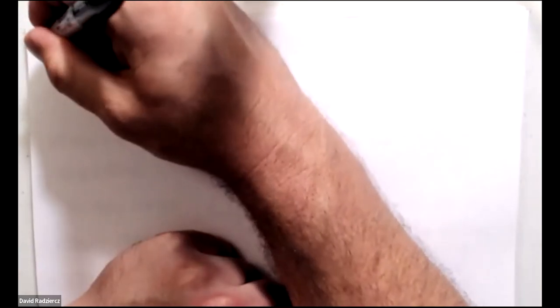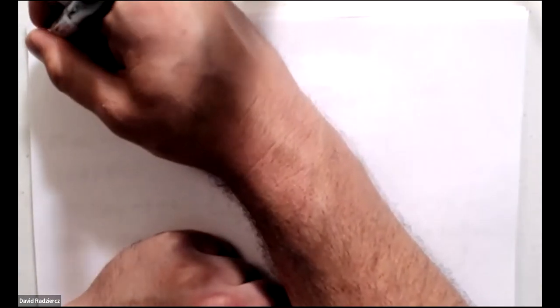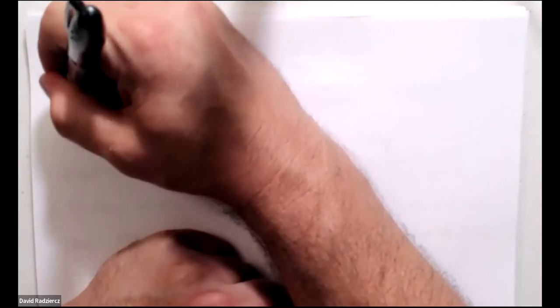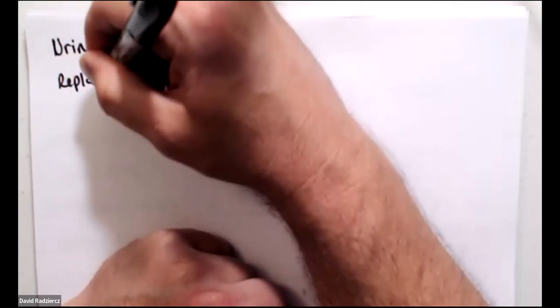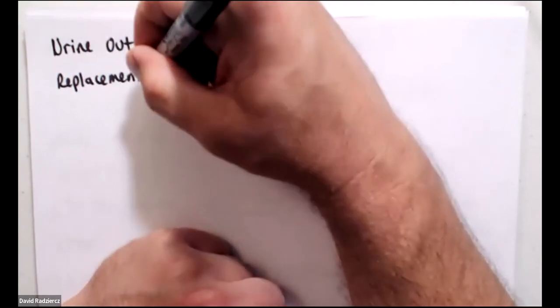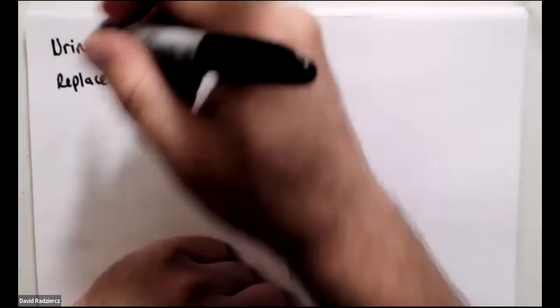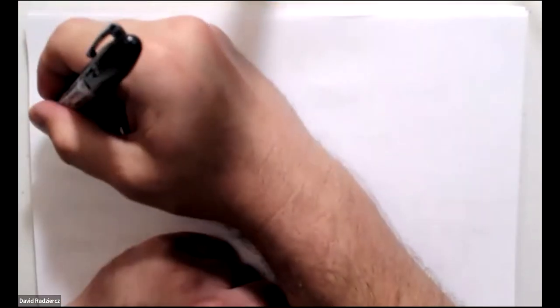All right. So let's just say we have urine out and replacement volume, which would be your fluid in. So you basically have two numbers.